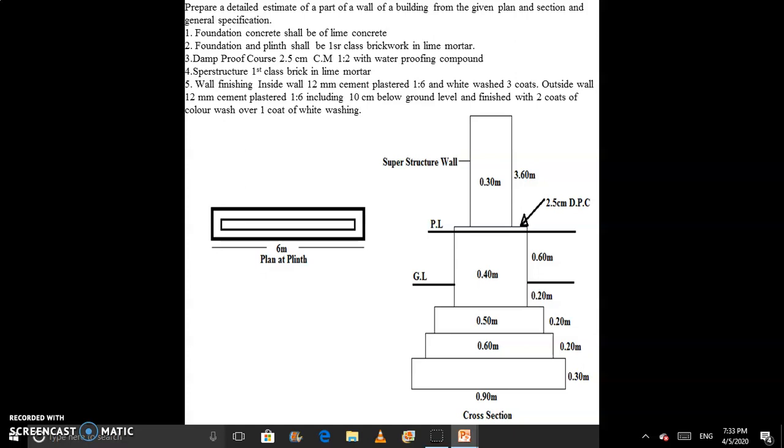The general specifications are: foundation concrete shall be of lime concrete; foundation and plinth shall be first class brick in lime mortar; damp proof course 2.5 centimeter, here cm is cement mortar, and the ratio of cement to mortar is 1:2 with waterproofing compound.